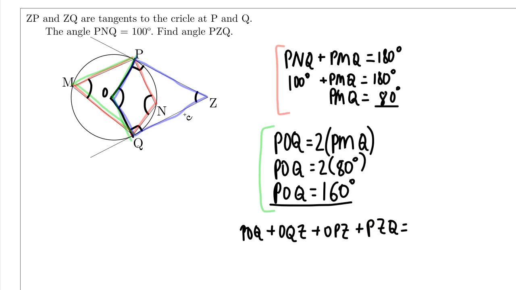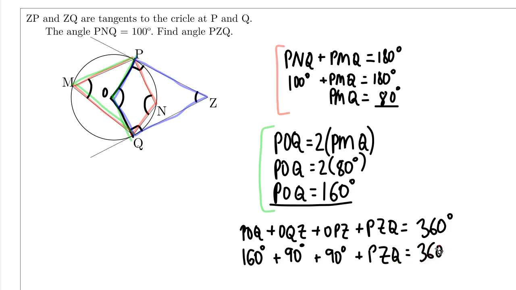And the sum of the inside angles of a quadrilateral add up to 360 degrees. POQ is 160, OQZ is 90, OPZ, OQZ are 90 because the angle between the tangent and the radius that meets it is 90. OPZ is 90 because the angle between the radius and the tangent is 90 degrees. And PZQ is unknown. It's the angle we need to find.